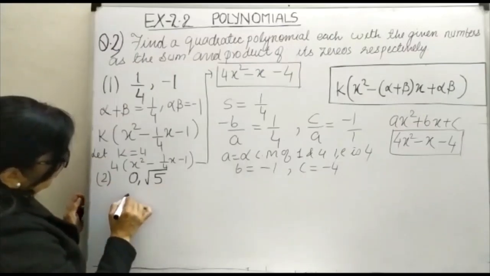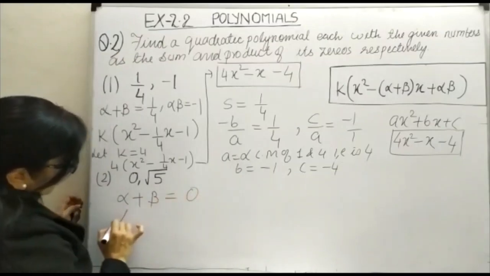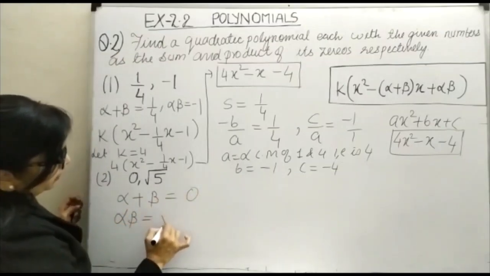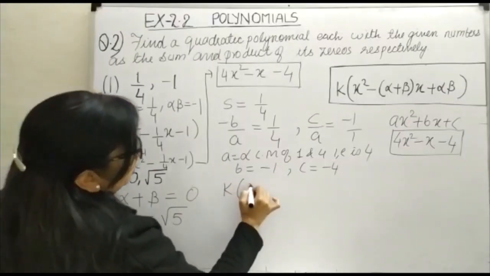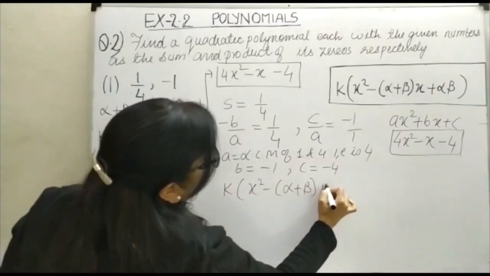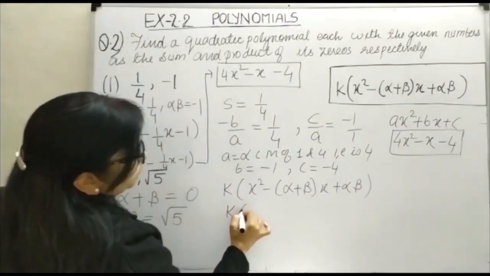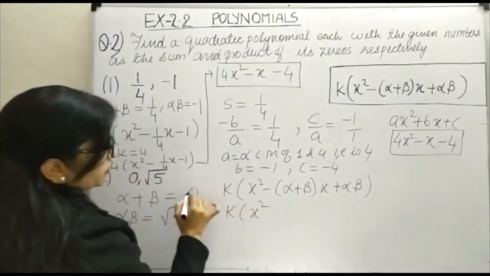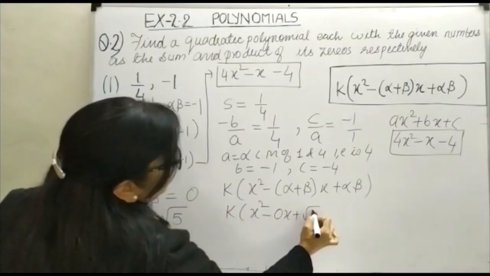Here your sum, alpha plus beta, is given as 0 and your alpha beta is given as under root 5. So your equation takes the form k x square minus alpha plus beta x plus alpha beta. So it is k x square, here the sum is 0, so this becomes minus 0x plus under root 5.